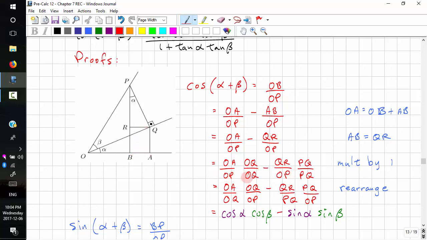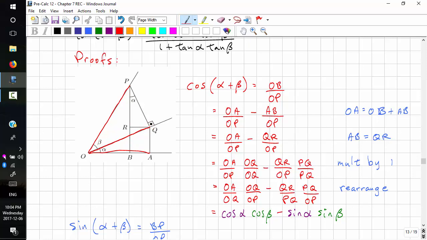And here comes the tricky part. Let's look at OA and OP. There's no trig relation here. We want to multiply by 1, so something over itself. And we want to pick a common side between these two triangles. So that's a common side.